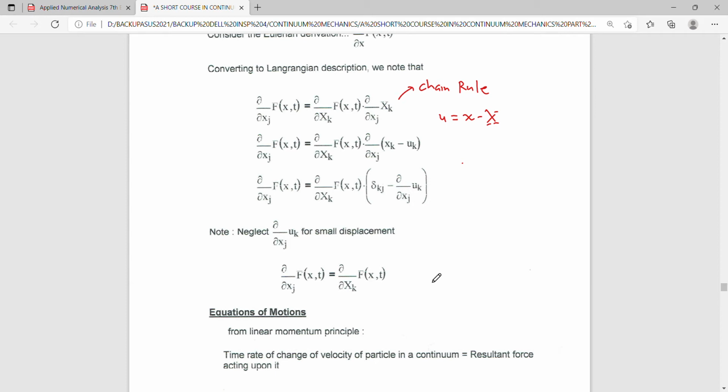So we can now safely assume a small displacement assumption, and therefore this can actually be very small.